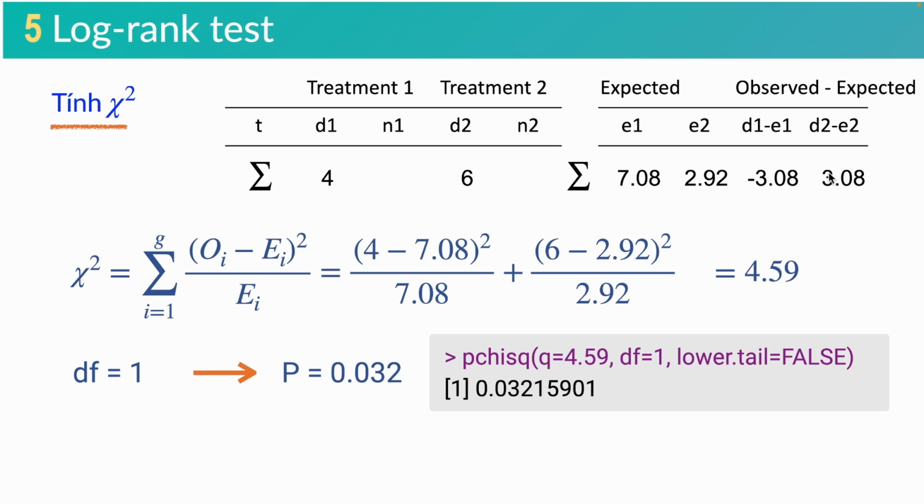From the calculated value 4.59 and the degree of freedom of 1, you can find the p-value by using a chi-square table or using R. The degree of freedom equals the number of groups, that is 2, minus 1, and it equals 1. And the p-value is 0.032, and it is smaller than 0.05.